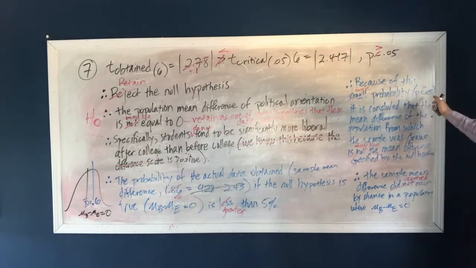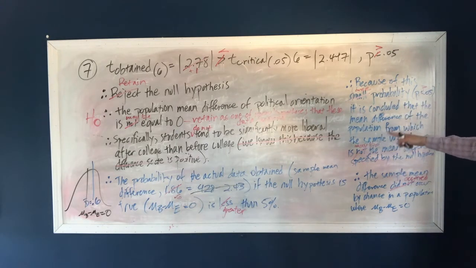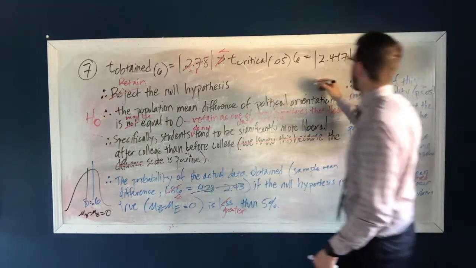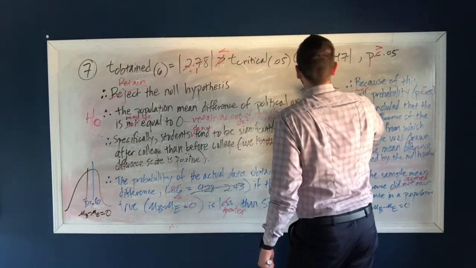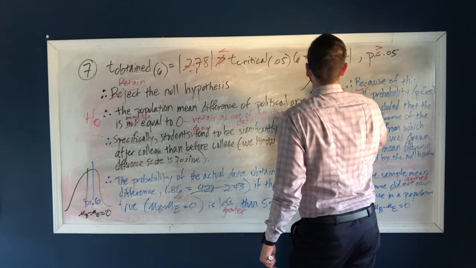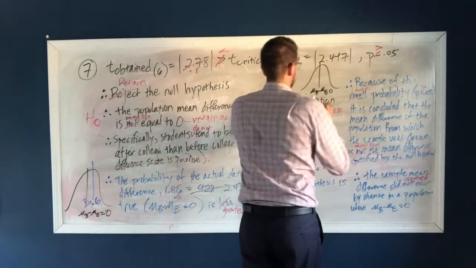Because of this large probability, p is greater than 0.05, it is concluded that the mean difference of the population from which the sample was drawn may be the mean difference specified by the null hypothesis. So once again, we have mu b minus mu e equals 0.